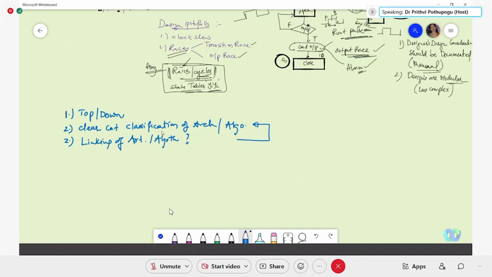You can classify until a satisfactory result is achieved. And when you are separating the architecture and algorithm, the separation should be meaningful.